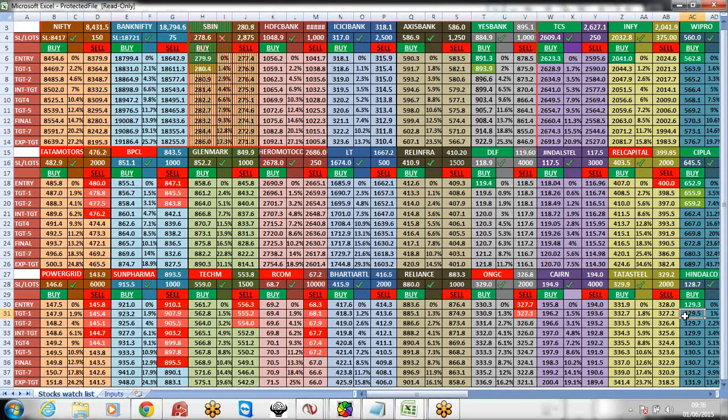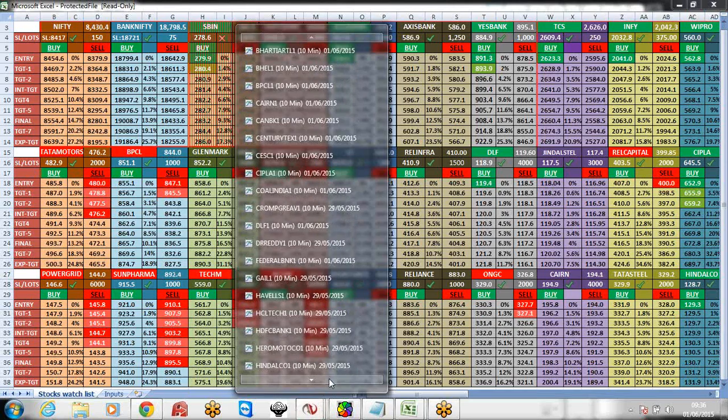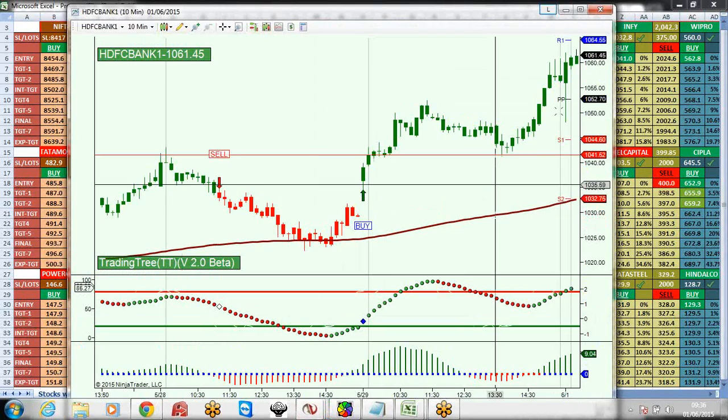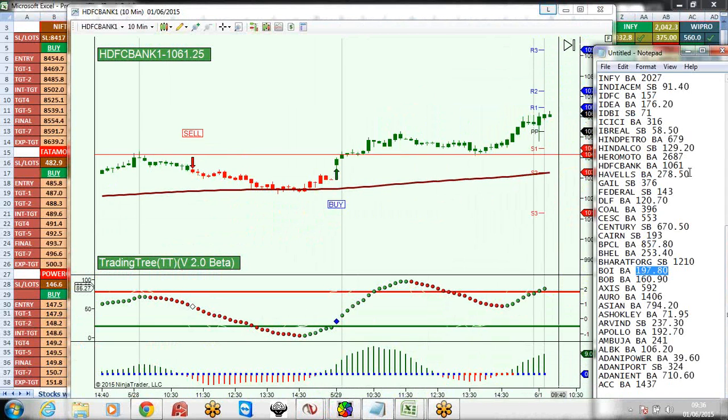Hindalco, we have a buy. So HDFC, we had a buy above 1061.